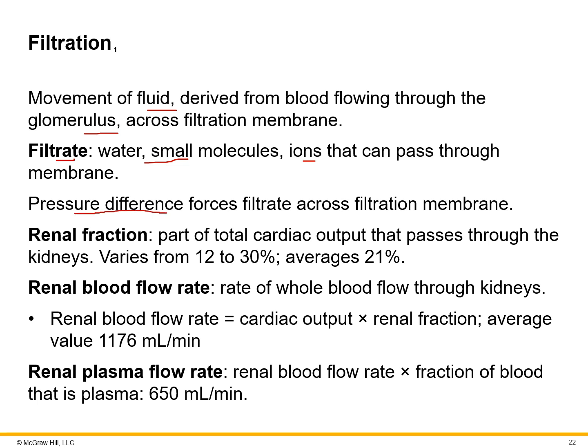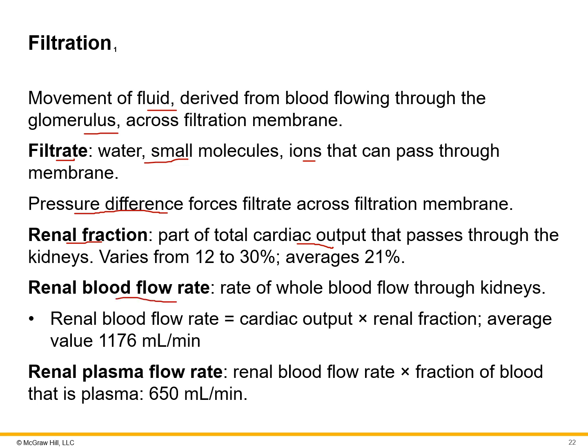The pressure difference is what forces them through the membrane, going from higher to lower pressure. And then we have what's called the renal fraction. This is the part of our total cardiac output that passes through the kidneys. It varies, but it's how much of what's coming in the blood actually gets passed through the kidneys.